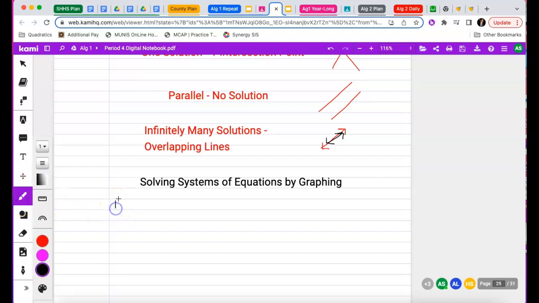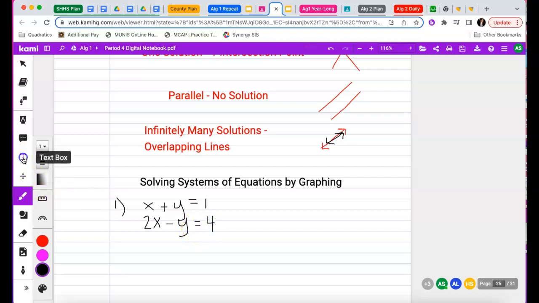So step 1, we have the equation x plus y is equal to 1. And then the other equation is 2x minus y is equal to 4.